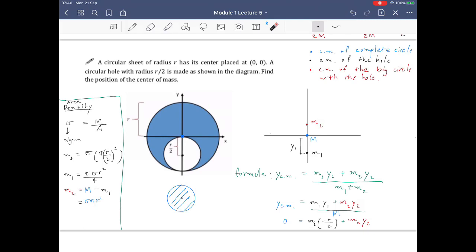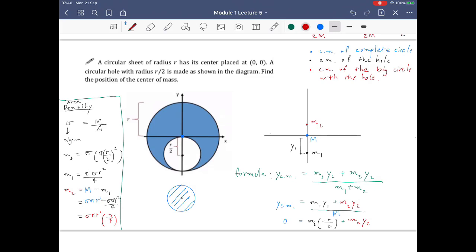So this big M is just sigma pi r square. Now we subtract from that the small m1, which is just sigma pi r square over 4. So that means m2 is equal to sigma pi r square multiplied by 3 over 4.